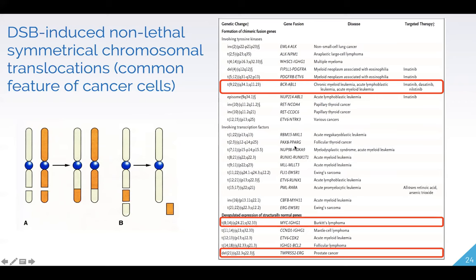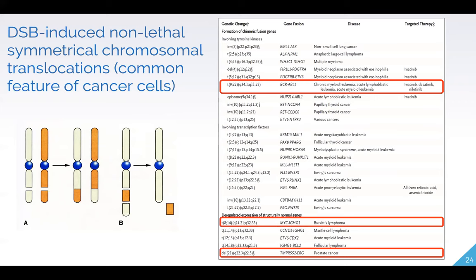There are many other common translocation events. For example, the MYC-IgH. This is where you have a break that will bring in the MYC gene, which is an oncogene, meaning it's a gene that drives cell cycle progression forward, under the control of an immunoglobulin heavy chain, which is normally expressed only in B cells and drives very high levels of transcription.